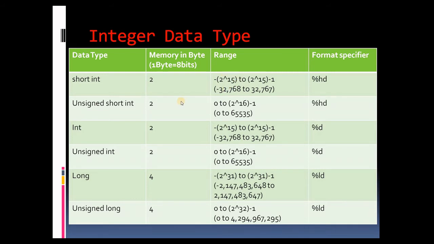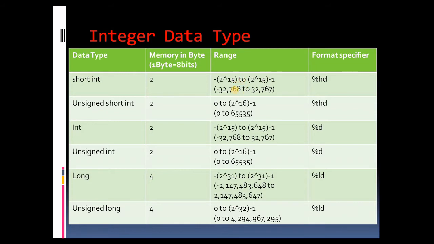1 byte is equal to 8 bits. In that case, 2 bytes equal 16 bits. So it is 2 to the power of 15, that is 16 minus 1. The reason that 1 bit is left over is to represent the sign of the number.